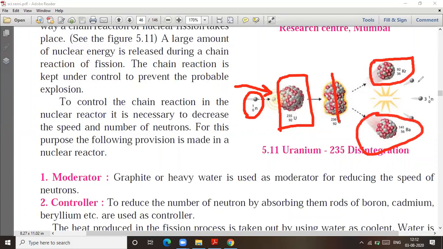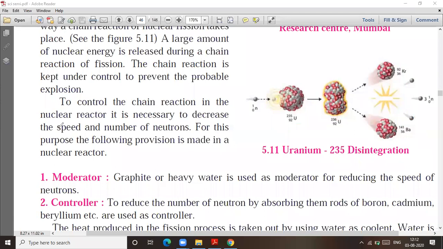Three more neutrons are formed, as well as a production of a lot of energy. This reaction is known as the nuclear fission reaction. So you get krypton 92 and barium 141, as well as 2 to 3 neutrons in this process. In this fission process, a lot of energy is produced, right?